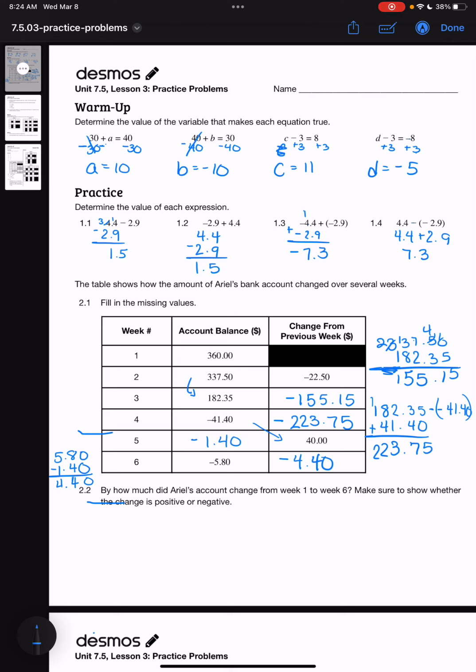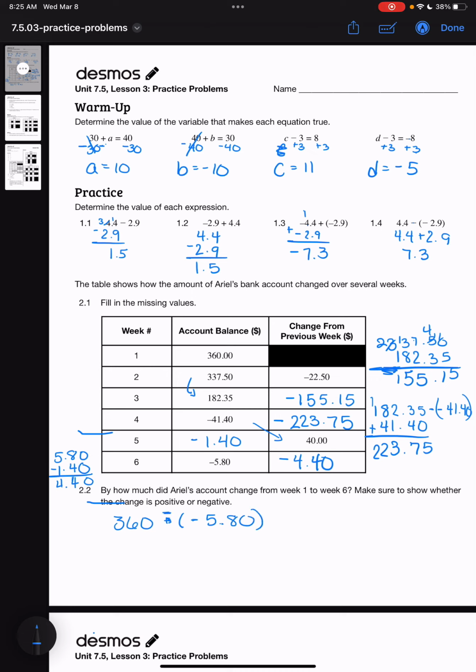Make sure to note whether it is a negative or positive change. So I went from having $360 to having negative $5.80.